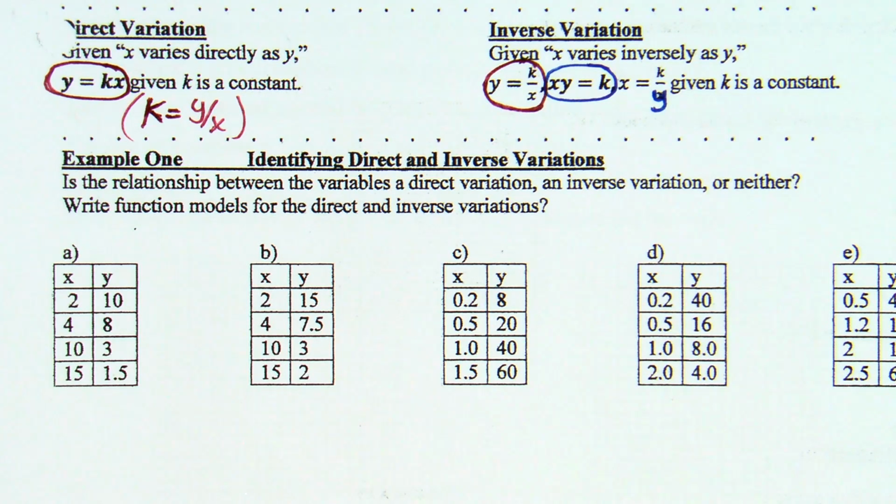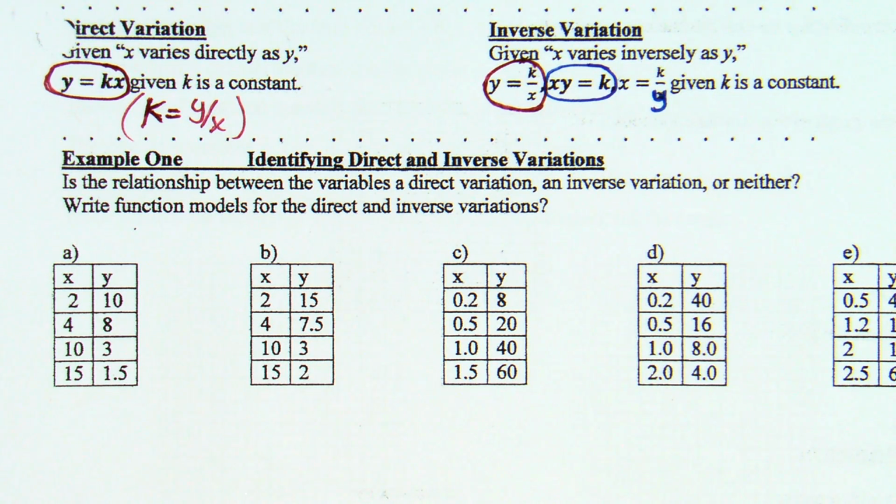Thoughts on how we can decide if this is direct variation or inverse variation? Divide. What do you mean divide? Divide by x. Like divide all of them. Like do y divided by x? Yeah.